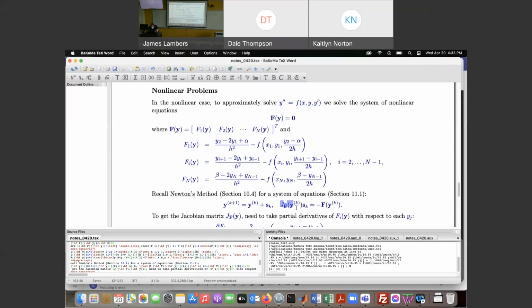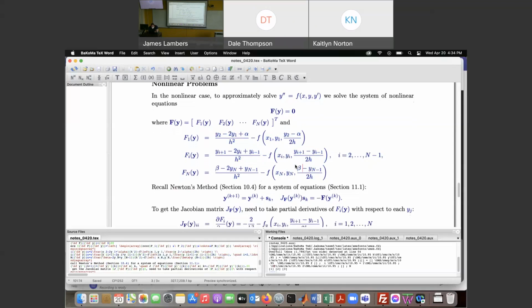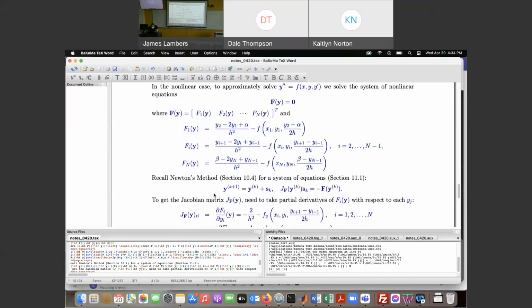So we need to compute this Jacobian matrix for this function F. So that means taking derivatives of all of these with respect to each of the components of y. That's how the Jacobian matrix is defined, taking a partial derivative of some component function of F with respect to some element of a vector y.